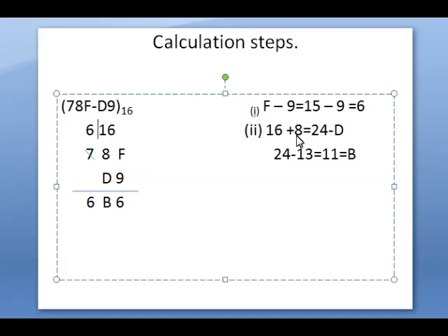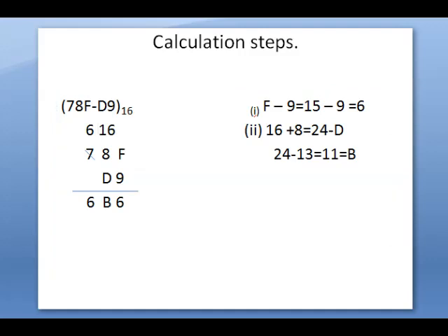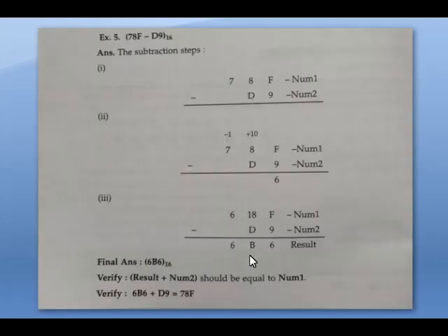So 24 minus 13 is 11. 11 means it is B. So here the answer is B. And we borrowed a number from here to here, so this 7 will become 6. No other number is here, so we write the number 6 here. So this is the way you have to do the calculation for hexadecimal numbers. So the answer is 6B6.